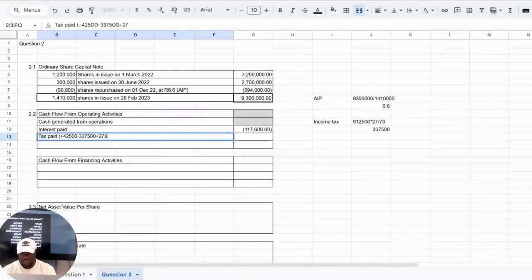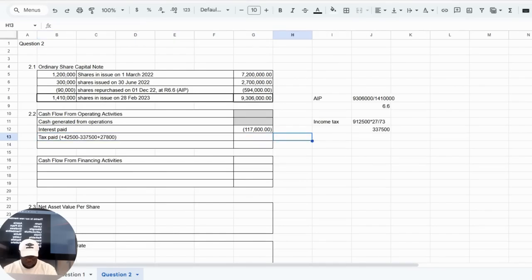So we're going to have 27,800, and you can see how we did our positives as well as our negatives. So then for the tax paid, we would have an amount working out to 267,500. Let's do this. Needs to be negative. Yes, there you go.